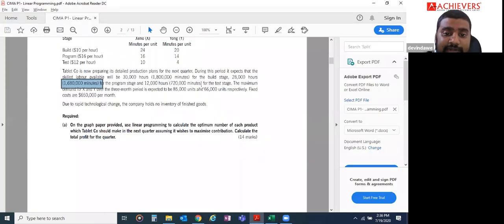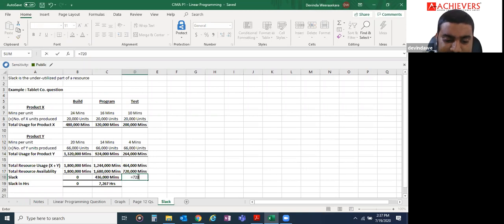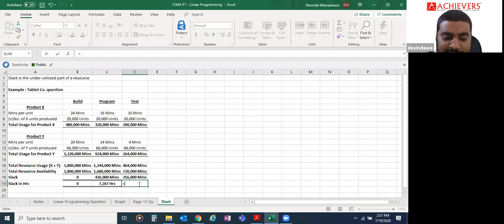For test, I have 720,000, right? So I have 720,000 minutes, but I am using only 464,000. So my slack is 256,000 minutes, right? So 256,000 minutes in hours will be 4,267 hours.